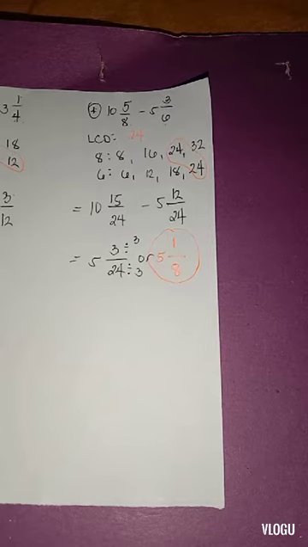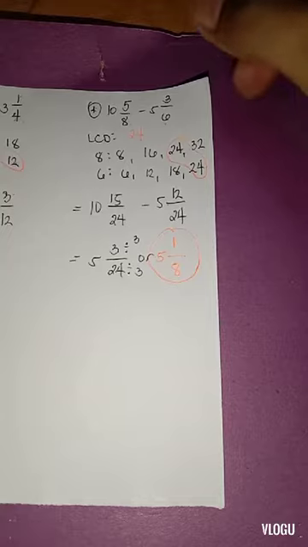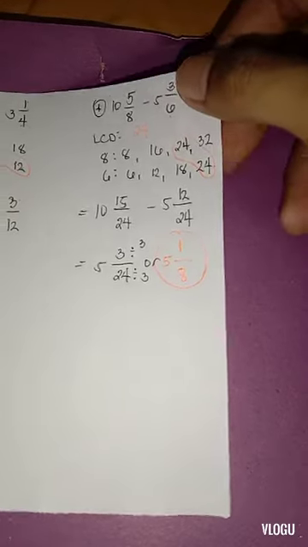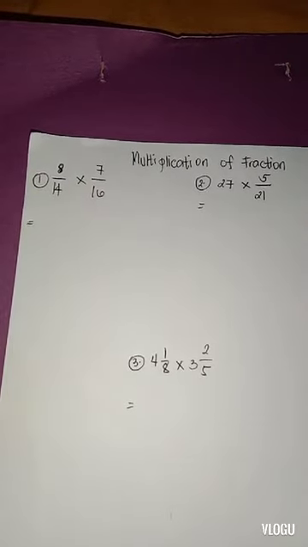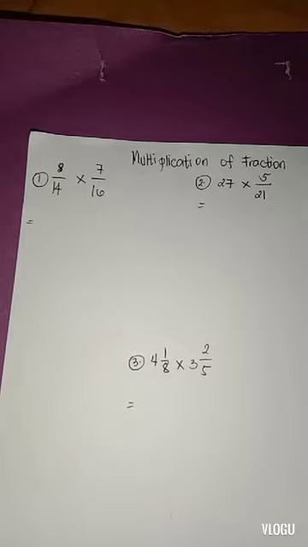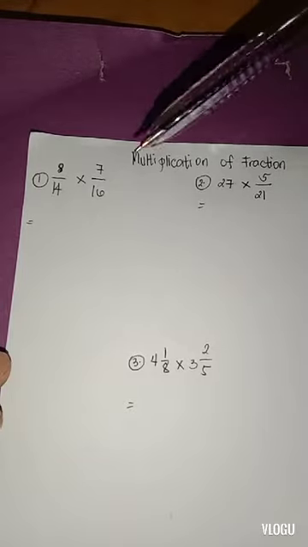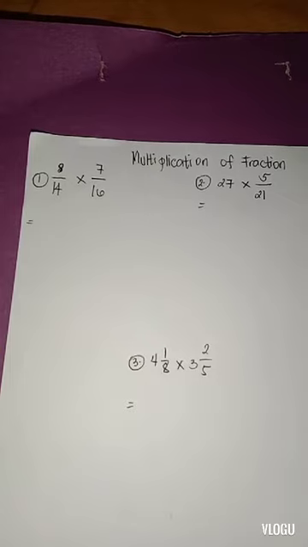Okay. So, now, we will proceed in multiplication of fraction. So, multiplication of fraction. Okay, so by multiplication of fraction, meron naman ako dito 3 categories. So, sa 3 categories na to, 3 examples din yung ginawa ko. So, yun.